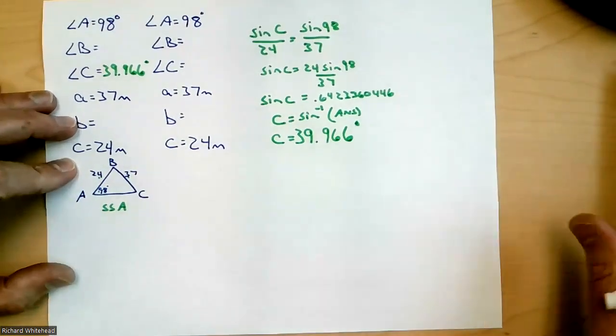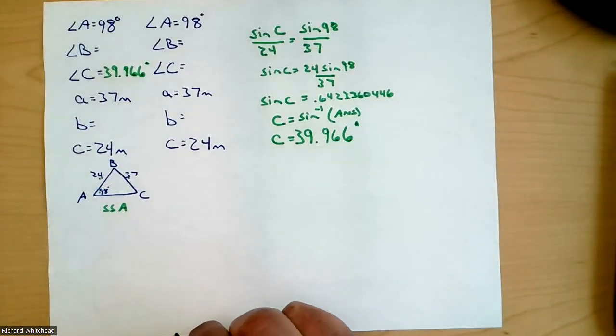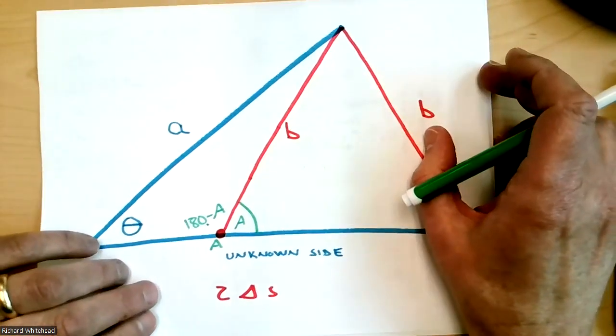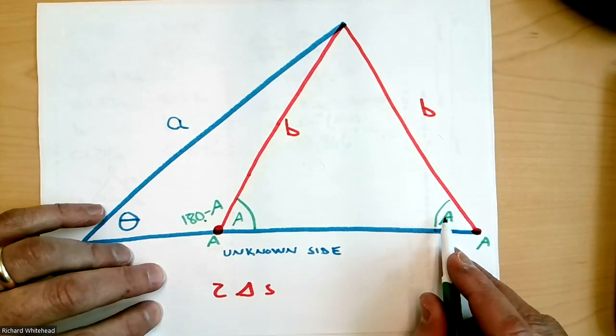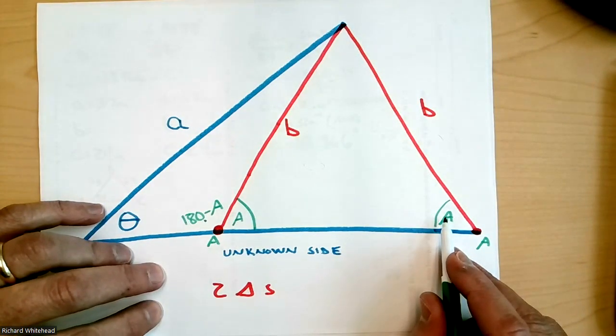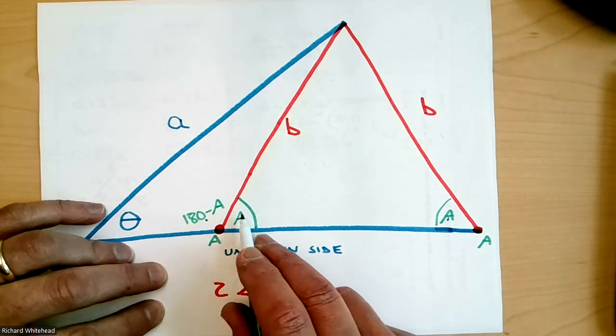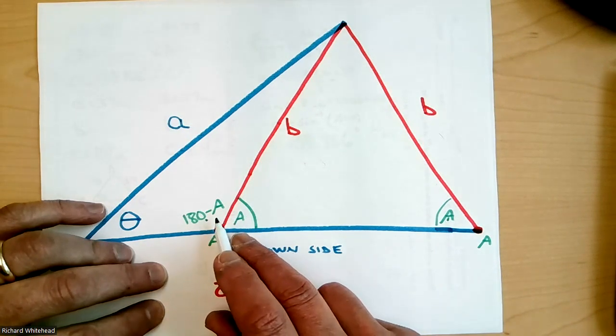Now, here's the big question. What we did was we just found this angle right here, 39.966. Now, if there are two triangles, then its supplement will make another triangle.